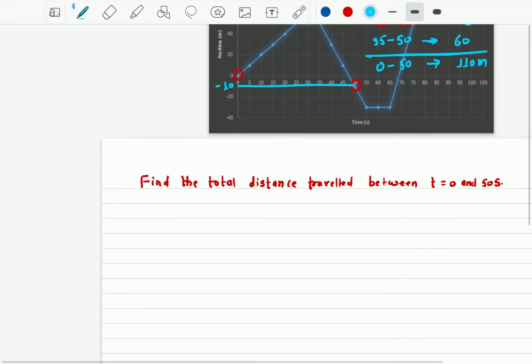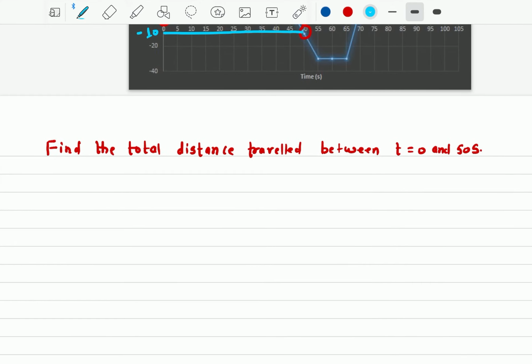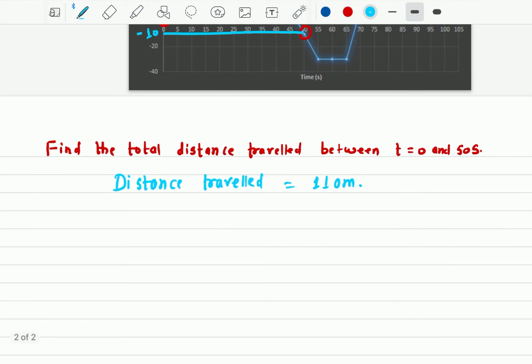So here is the answer: the total distance traveled is 110 meters.